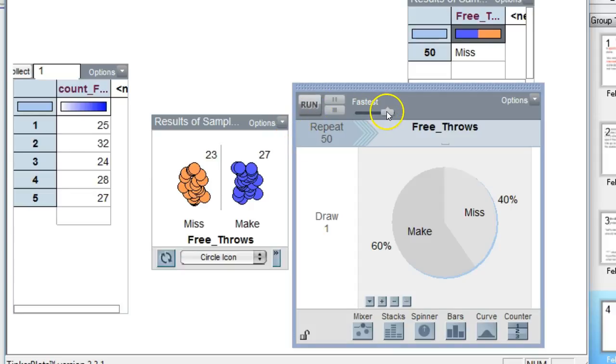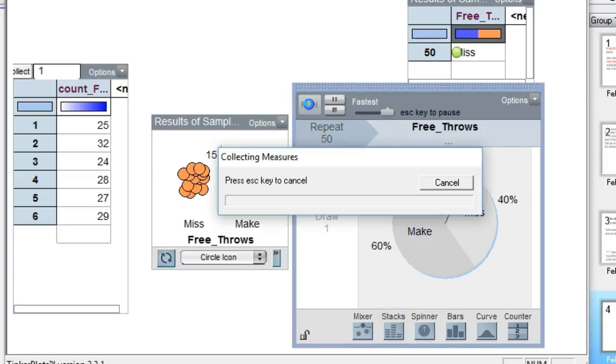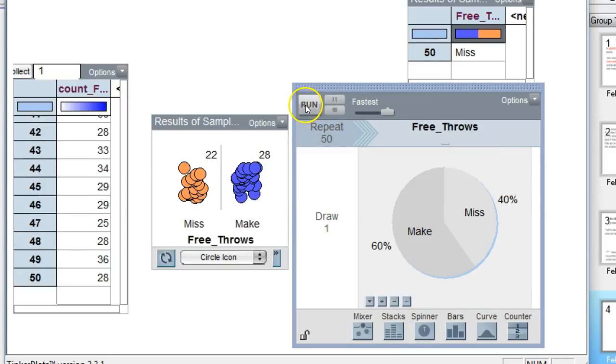We're going to go ahead and do this 100 times. Whew. So we've got 100 sets of 50 shots in each set, and this is our makes.